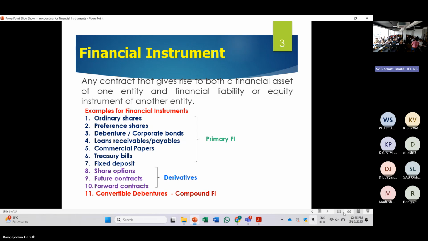Loan receivable. So it's a financial asset to the bank. For the customer, the loan means borrowings, a liability. So that loan itself is a contract which creates a financial asset for the bank and a financial liability for the borrower.